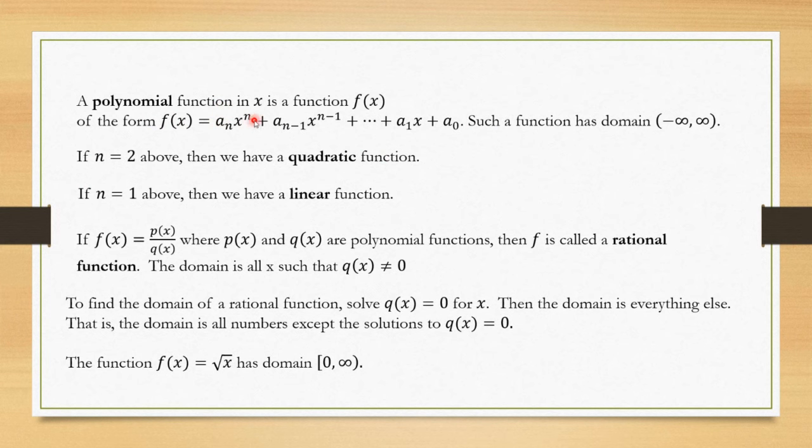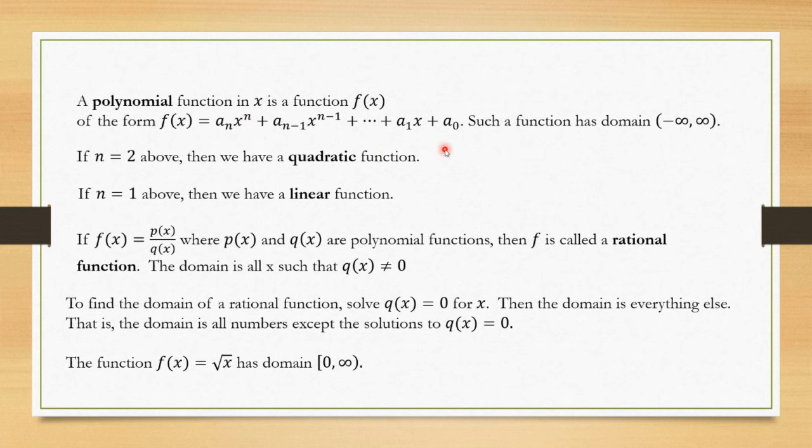Namely, here, the n is the degree, remember? These a's with these subscripts are just fixed constants, almost like complex numbers. Although I guess technically they could be, but not here. So they're just constants. The n is the degree.